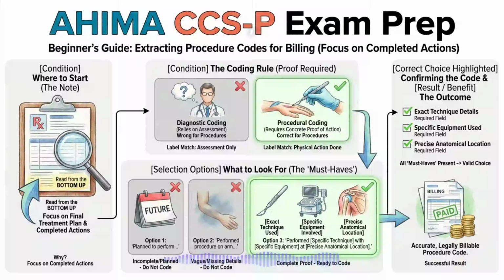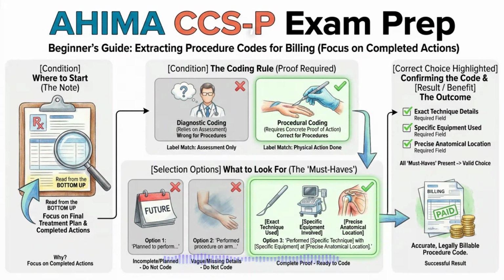To successfully extract procedure codes, you must develop the habit of reading the clinical note from the bottom up, focusing heavily on the final treatment plan. Unlike diagnostic coding, which relies on the assessment, procedural coding requires concrete proof that an action was physically completed.